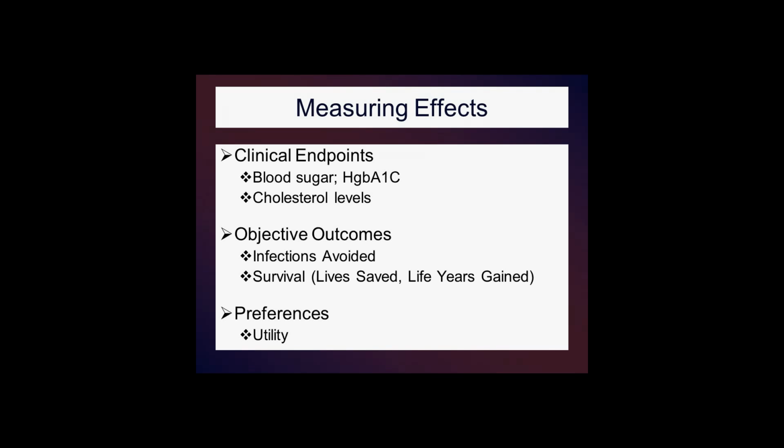I can look at clinical endpoints. Blood sugar, hemoglobin A1C, cholesterol levels. So I can look at what does it cost to get those things where I would like them to be. Okay, perfectly legitimate way to compare different statin therapies or different lipid-lowering therapies.